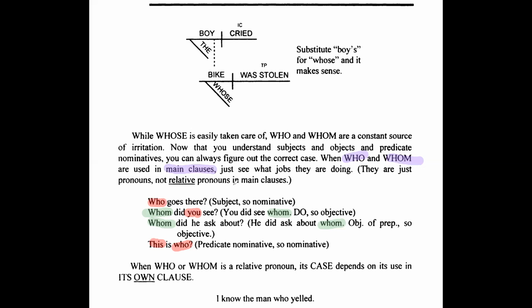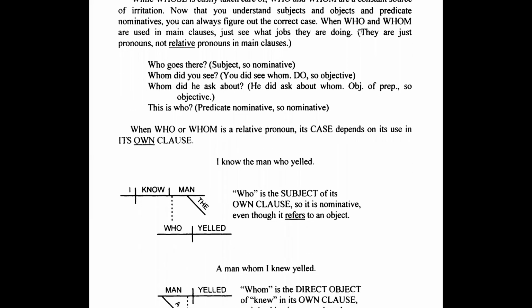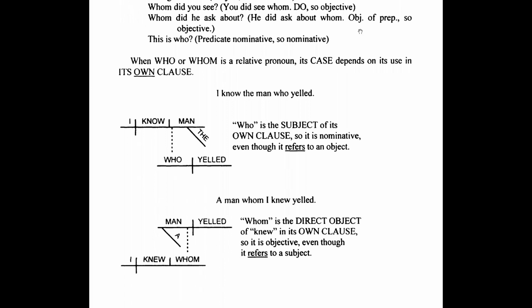So think about some sentences maybe to practice. Just practice making up some sentences using who and whom. Make sure that you have whom in the objective case. Make sure it's the object of a preposition, indirect object, or direct object, and that who is the subject or predicate nominative. Now it gets a little trickier, because now we're putting them in as relative pronouns in adjective clauses.